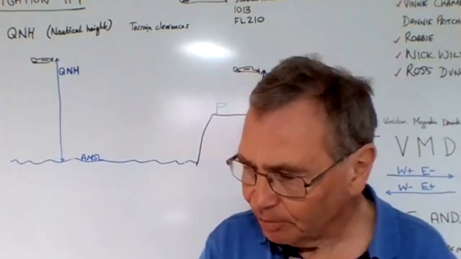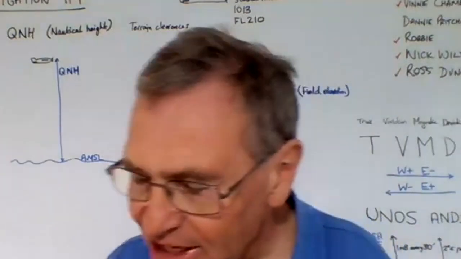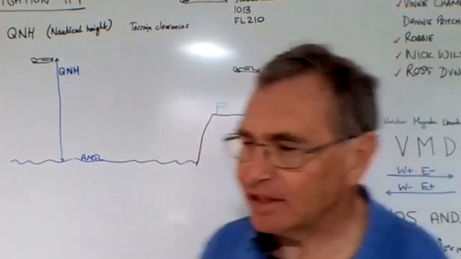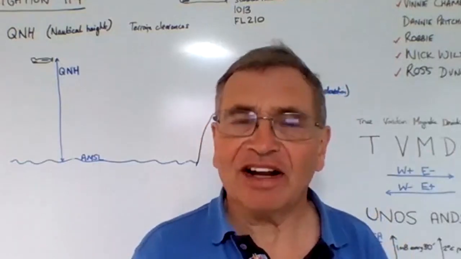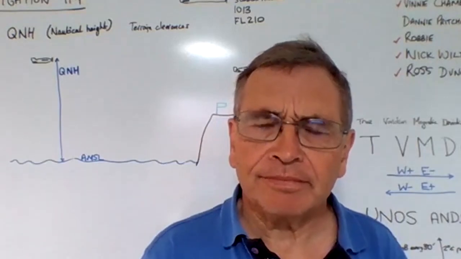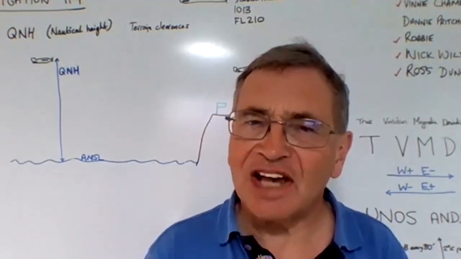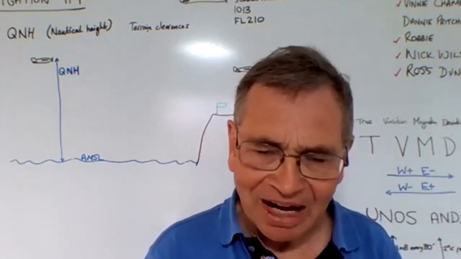In other words, if you hear on the radio a plane's at 8,000 feet on the QNH and you're flying at flight level 85, are you safe, Nick? Are you going to be 500 feet away from that plane?